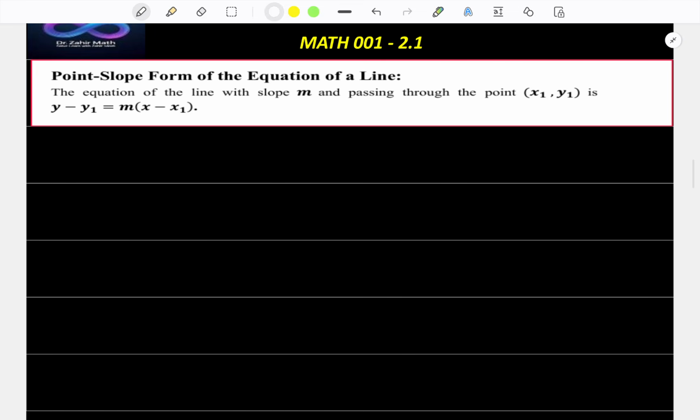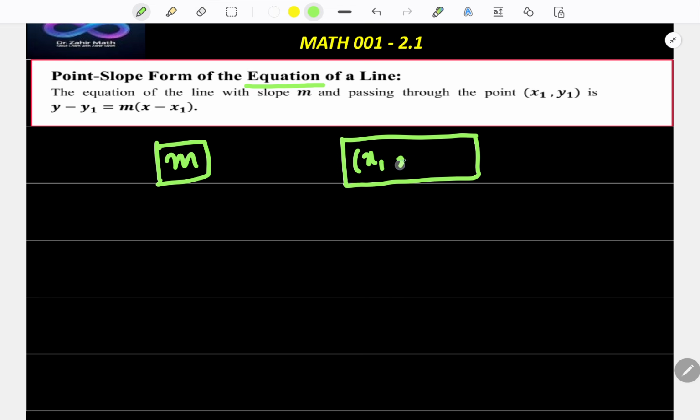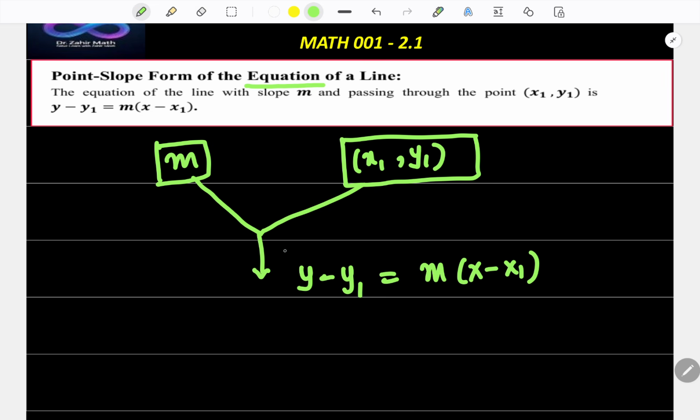Point slope form of the equation of the line. In this, you're going to remember only the equation of the line. When a slope m is given, and one point x1 comma y1 is given, then the equation of the line is y minus y1 equals m times x minus x1.